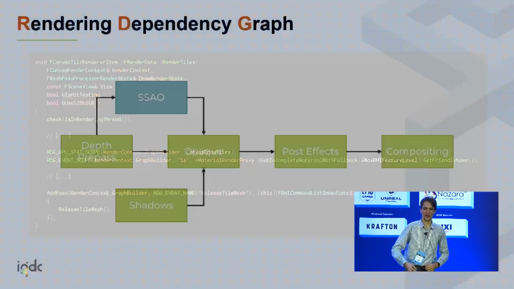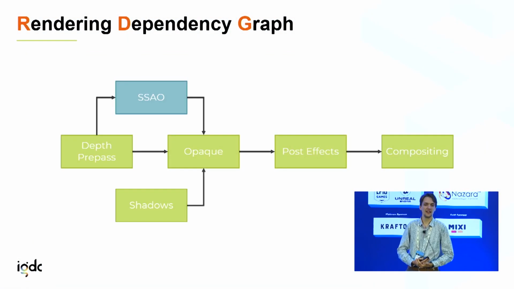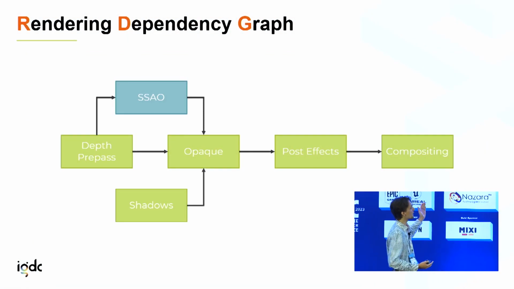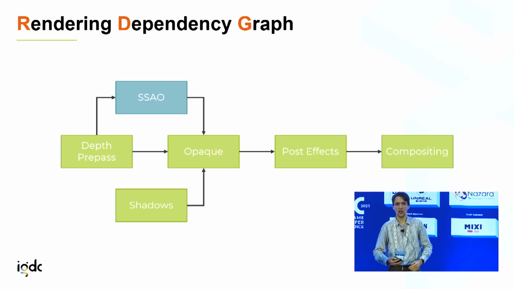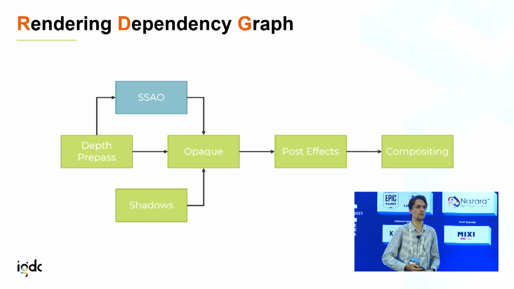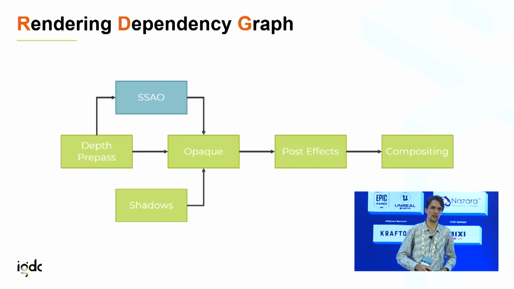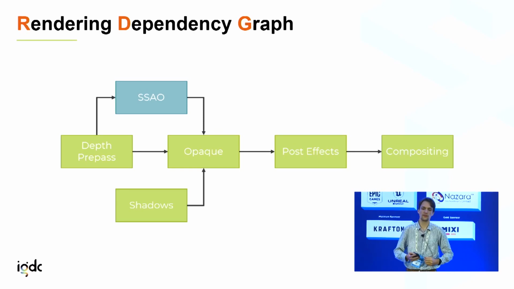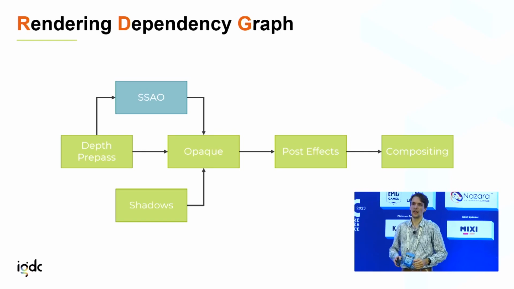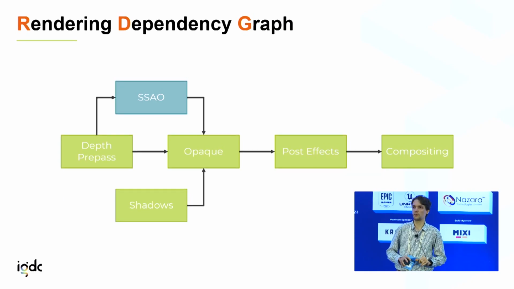So, what's RDG? It's in Unreal, it's a rendering dependency graph. So you might be familiar, if you've done any kind of OpenGL programming in the past, with how you structure or how you build a frame. You do a depth pre-pass, you do a forward pass, you pass effects, and you define all of that explicitly in your code, right?